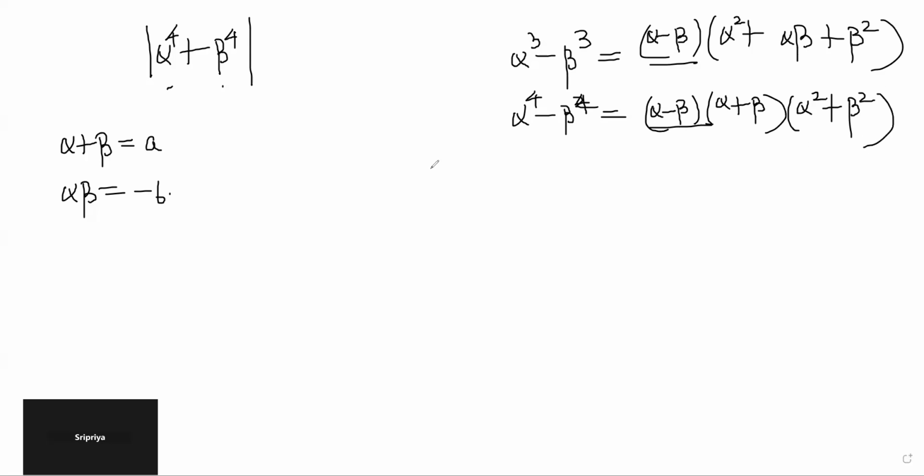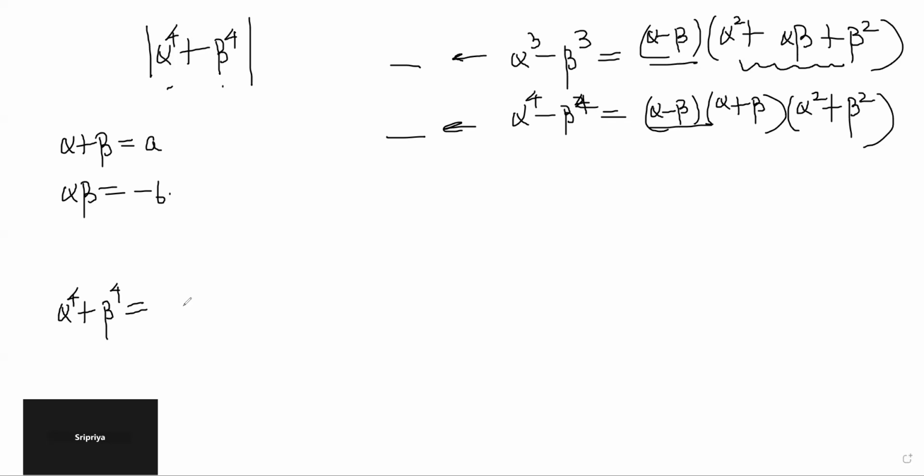So if you directly try to do it, this value was given, the value was given, right? So we can write this part as, I need alpha power 4 plus beta power 4.